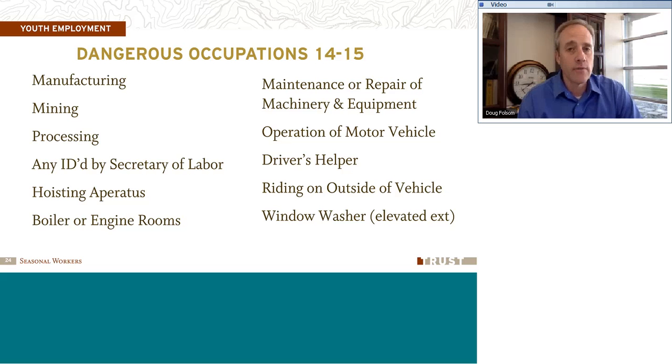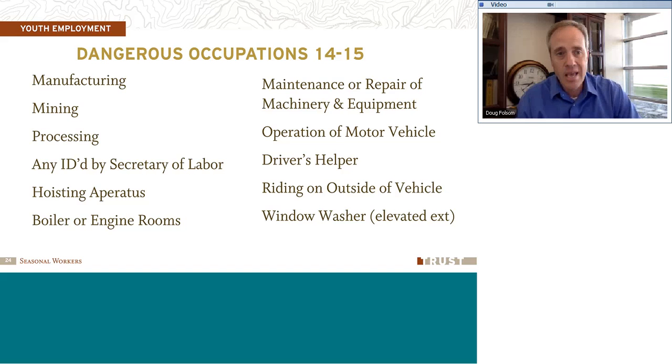Window washer, if it's on the outside of the building, working at an elevation, so out working on windowsills or up on a ladder or something like that, 14 and 15-year-olds cannot do that either. Any power-driven machine a 14 or 15-year-old cannot use, and that includes lawnmowers, golf carts, ATVs, trimmers, cutters, weed eaters, edgers.